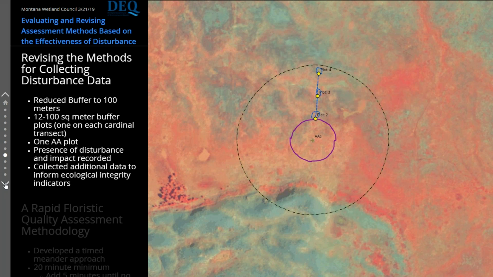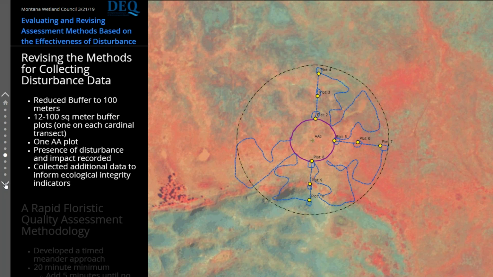At each plot, they also look at the percent relative cover of native vegetation, and what Mary was talking about, percent soil disturbance, which generally equates to pugging by cows. How much of that 100-meter square plot is pugged, and how bad?